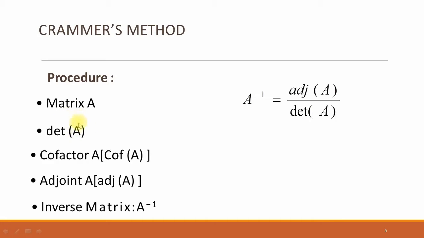So first find the determinant of matrix A, then the cofactor matrix of A, then the adjoint matrix of A, and then using this formula we can find the inverse of the matrix.